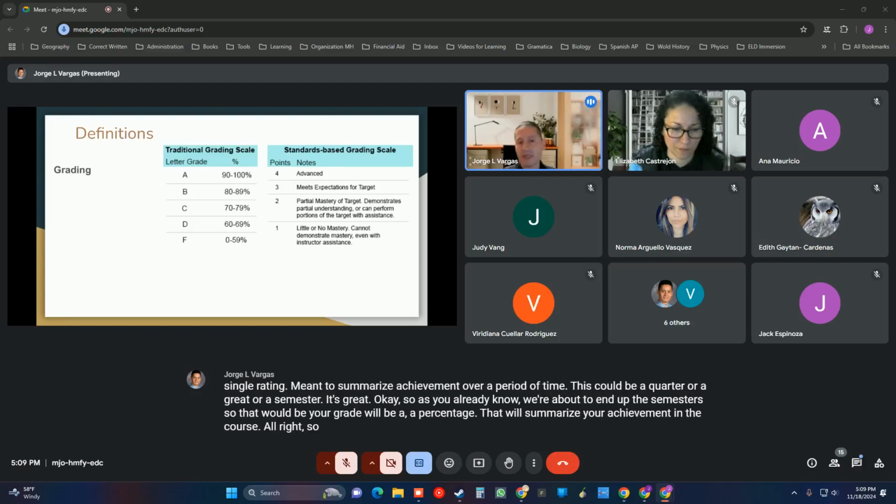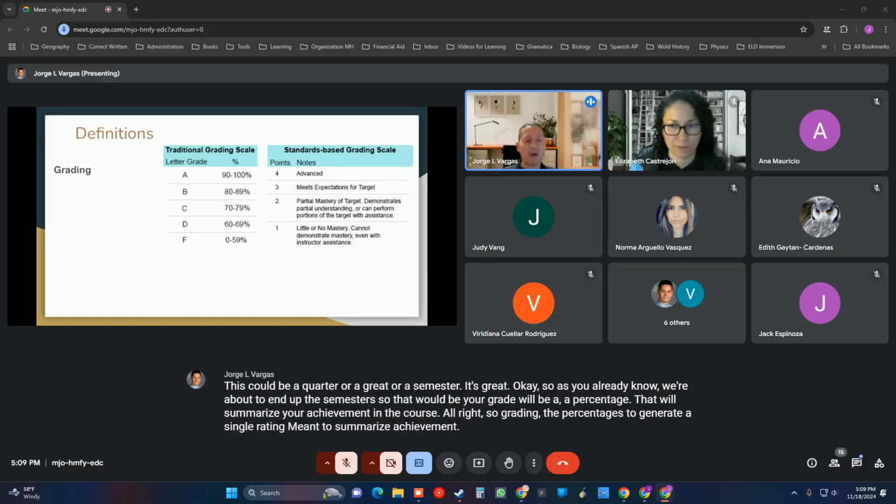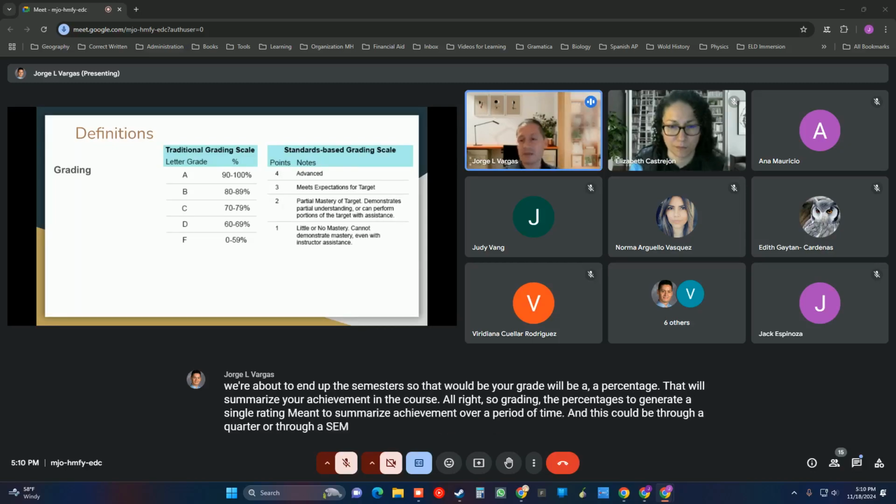Okay, so now let's start talking about traditional assessments, what we know of how to assess students' work traditionally. Often the evaluation tool rates students based on elements that are not part of language proficiency.